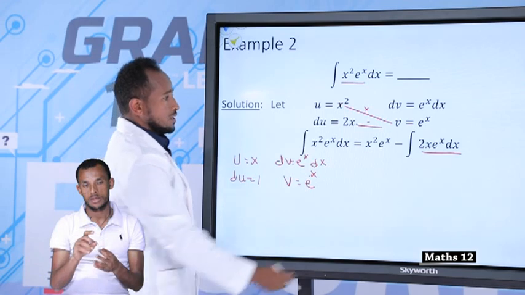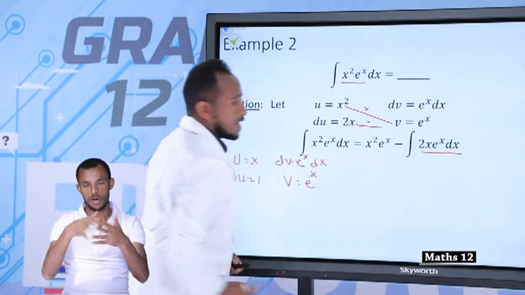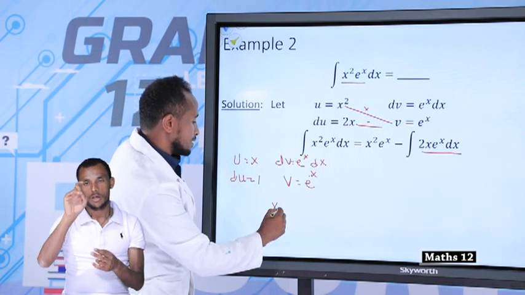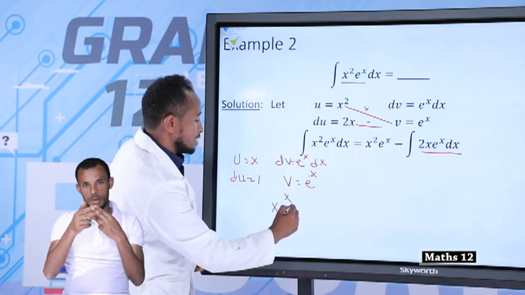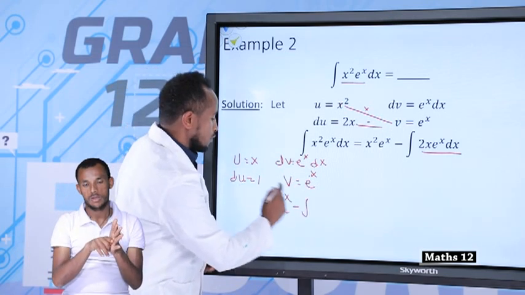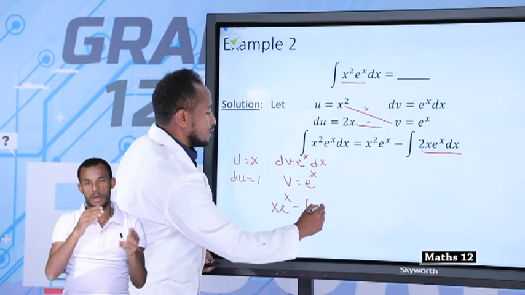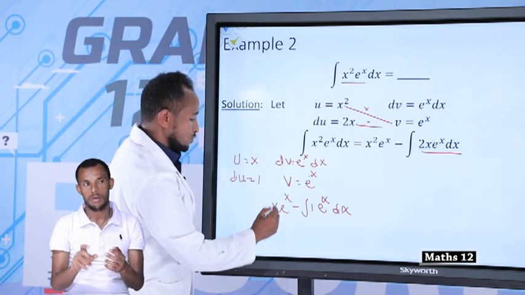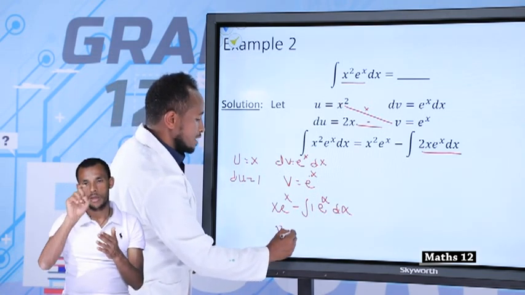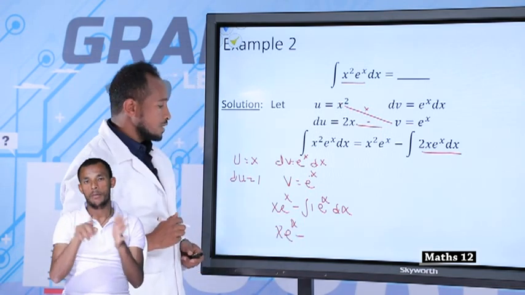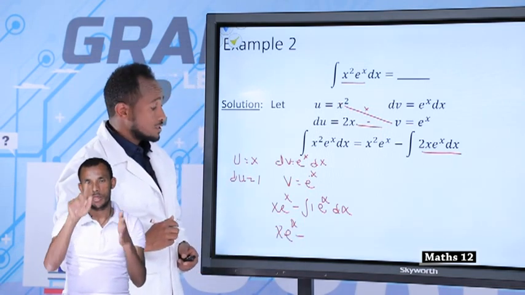Therefore the integral of x times e raised to x dx will be the product of the two, that is x times e raised to x minus the integral of 1 times e raised to x dx.